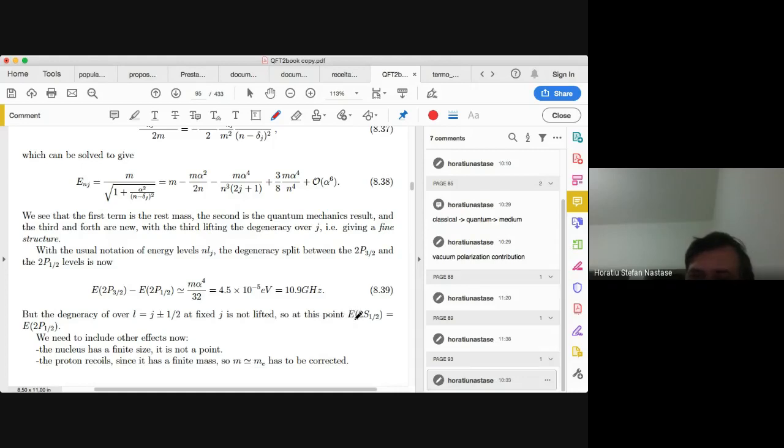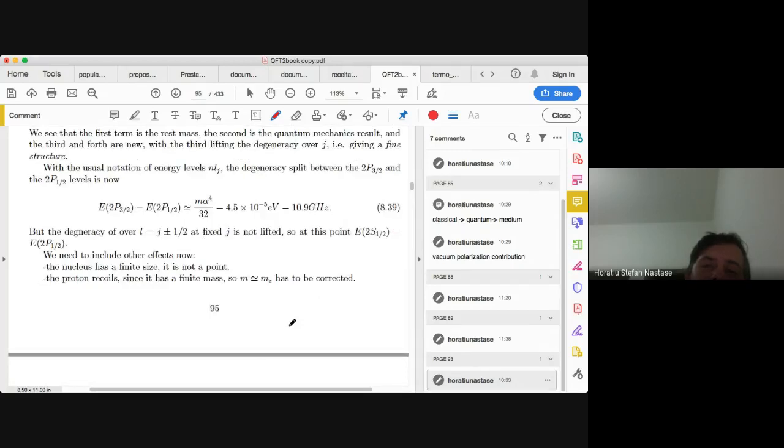So the energy in between the states 2s1/2 and 2p1/2, so L equal to 0 and L equal to 1, but j equal to 1/2 in both cases, so if I put here 1/2, L will be either 0 or 1, is not lifted. However, experimentally, it is lifted. You can measure such a transition, and it corresponds to a photon of a certain frequency.